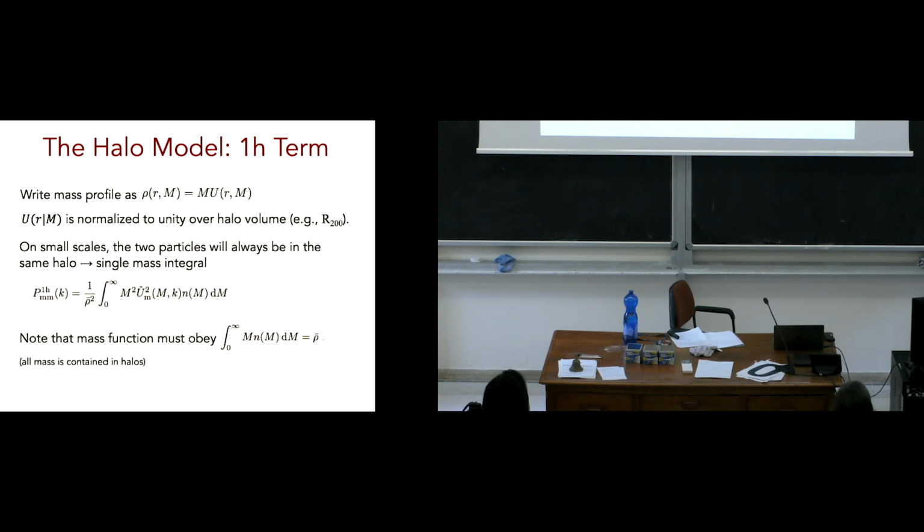So here we have mass squared times the normalized density profile squared. That is basically just the proper density profile squared. And then we weigh by the halo mass function to give the appropriate weight to different ranges in halo mass. And of course, at the end, we need to correctly normalize so that we arrive at a power spectrum.